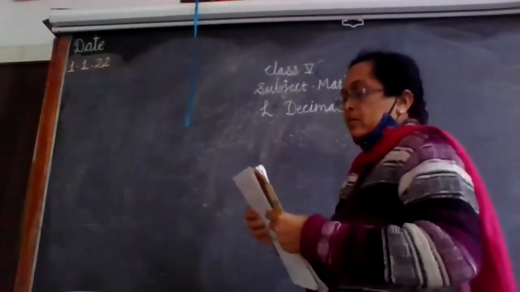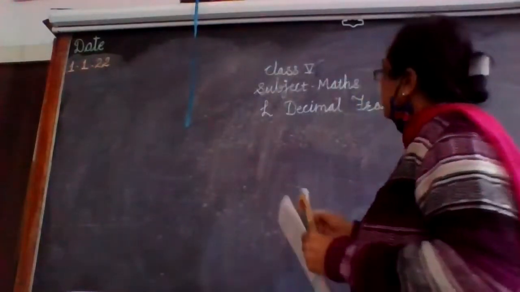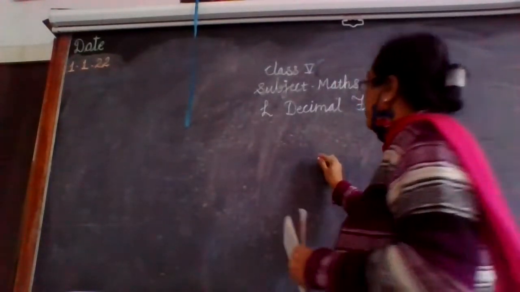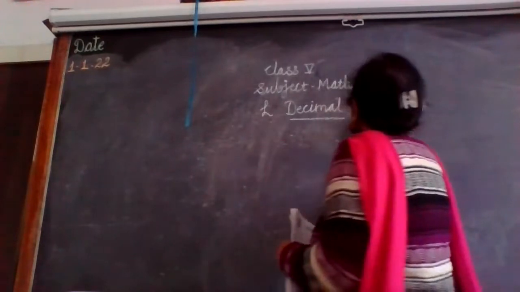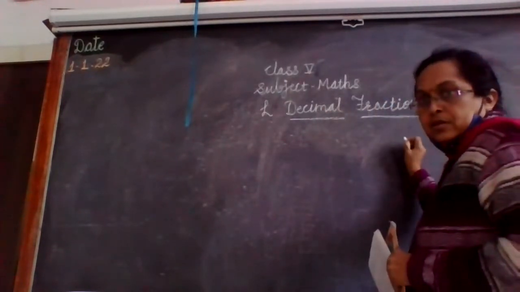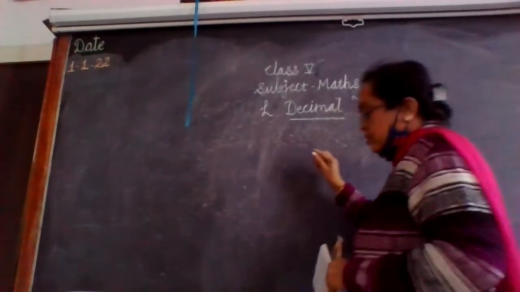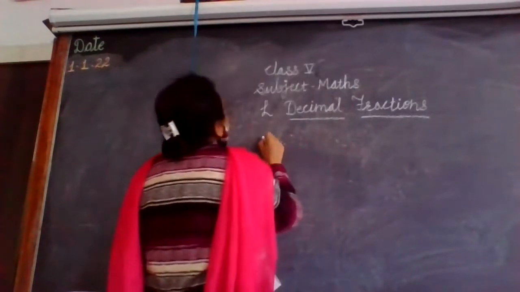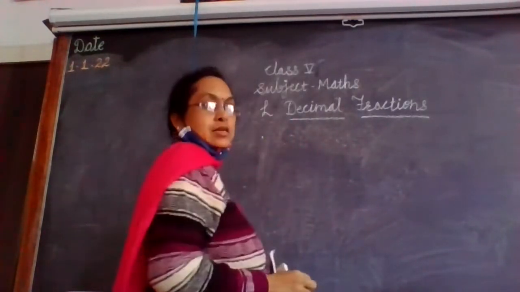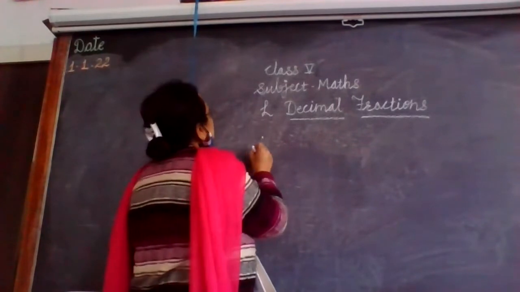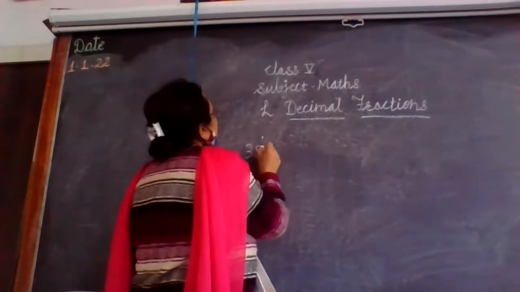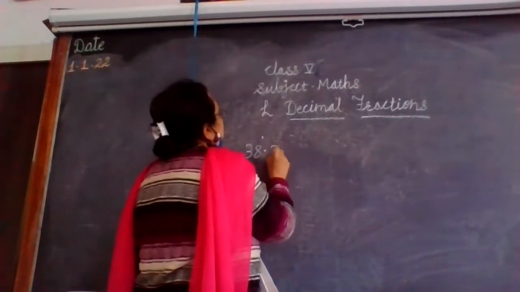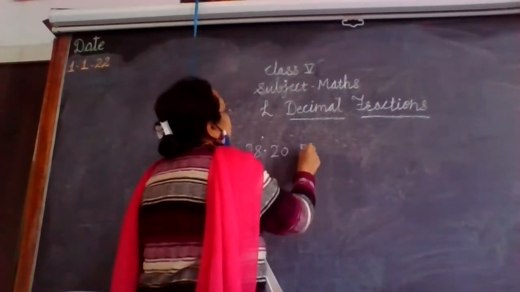Okay. Students, we have seen fractions earlier. Now we have to see decimal fractions. In this case, decimal means it is having a decimal point. Just like in rupees and paise, we see 38 rupees and 20 paise.